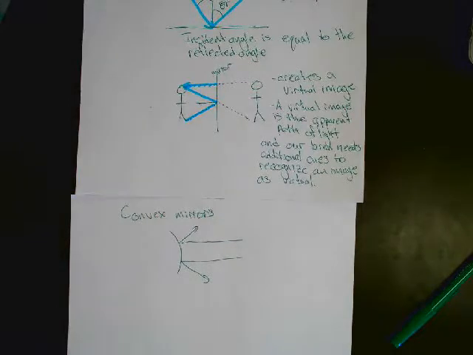So, let's say a convex mirror here. Where have you seen these? Up in the corner, like at a turn. End of a hallway, especially in hospitals. Or restaurants. Corners of streets.